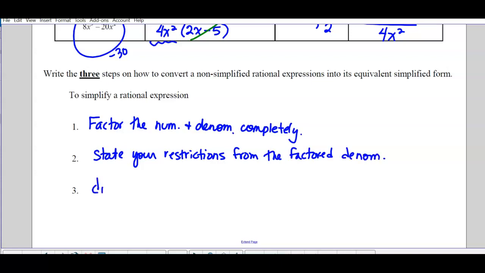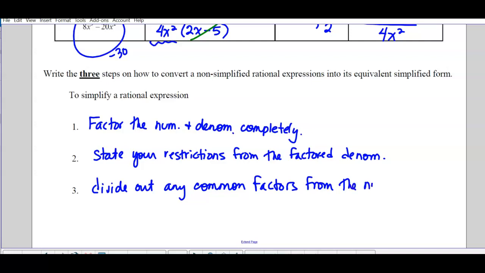And then divide out any common factors, numerator and denominator. Okay. We don't end up expanding back. We just leave the factors in the numerator and denominator.